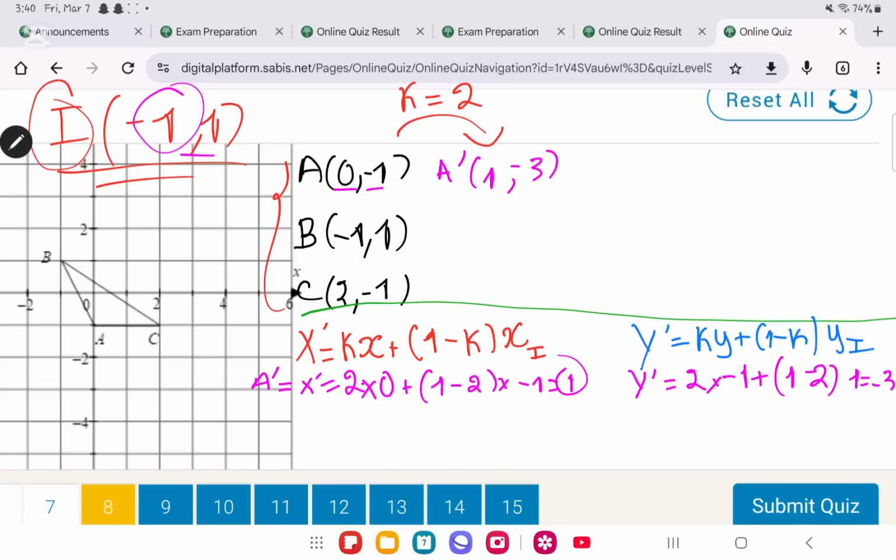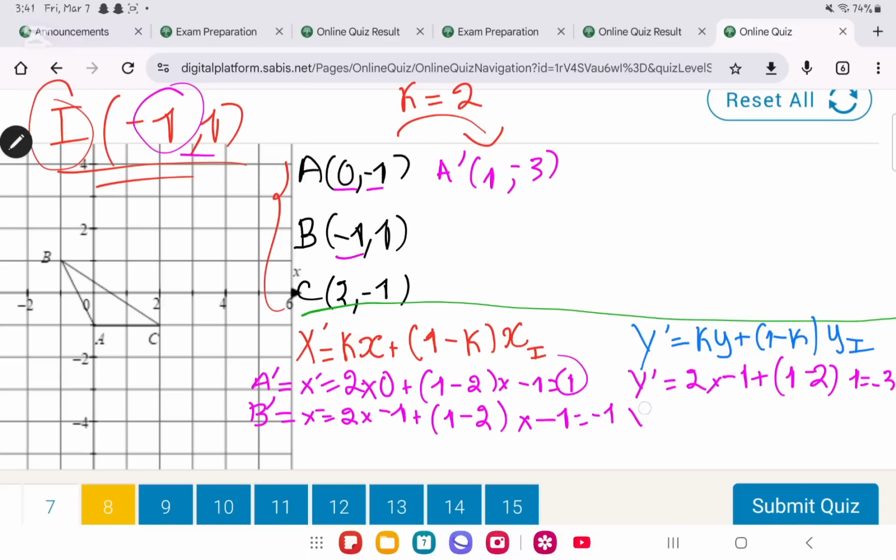We can do the same for B. B prime. To find its x prime, it's gonna be the constant k, which is 2, times the x of B, which is minus 1, plus 1 minus the constant, which is 2, times the x of the center, which is minus 1. If you put it on your calculator, you are gonna get an answer of minus 1.